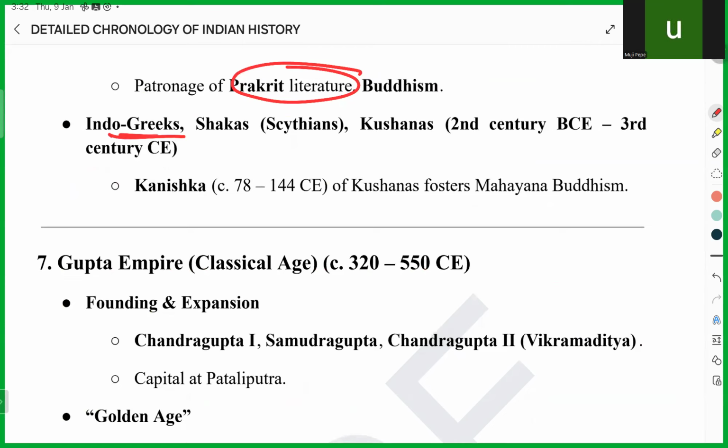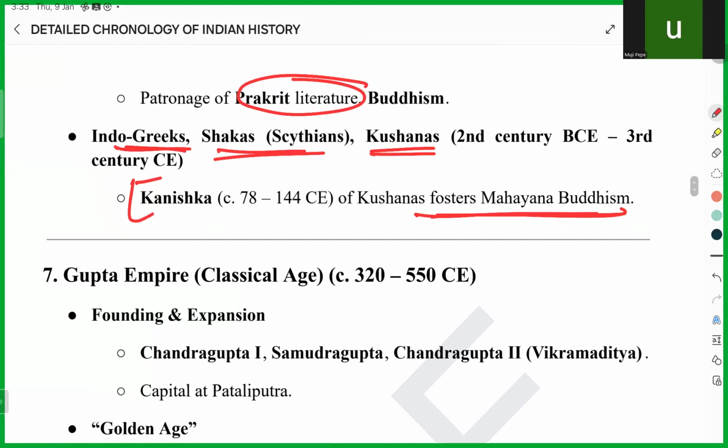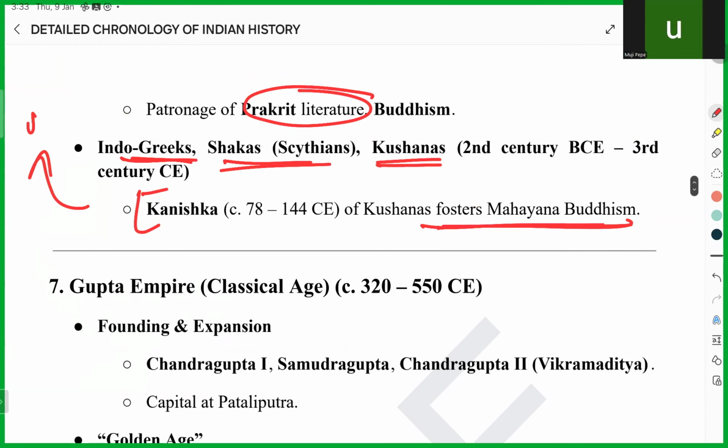Then came the Indo-Greeks and the Sakas and the Kushanas. Okay. So Kanishka, he fostered Mahayana Buddhism. So where was this? This was towards Afghanistan, towards Peshawar, Pakistan, the northwest.